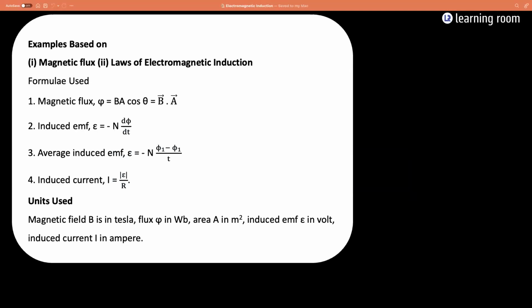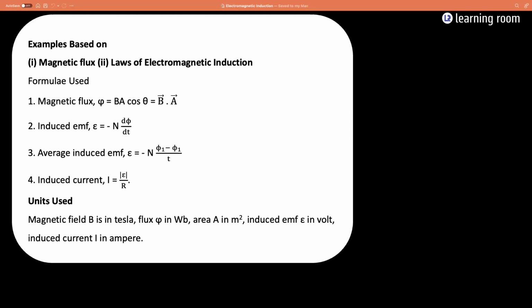So in electromagnetic induction, what is the whole chapter based on? If you ask me, this whole chapter is based only on one concept: magnetic flux. If you want to induce EMF, what are you supposed to do? Change the magnetic flux with respect to time and your job is done.